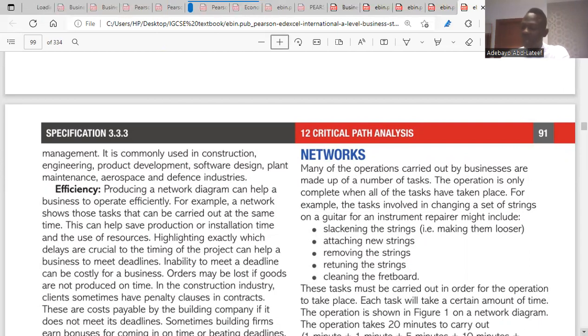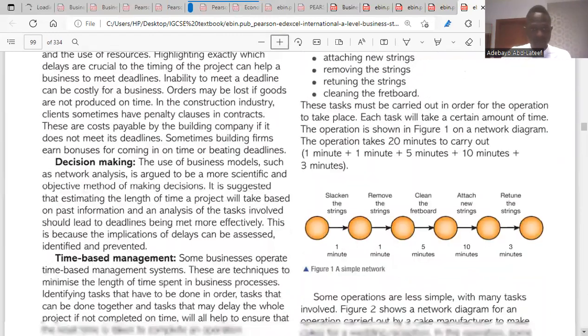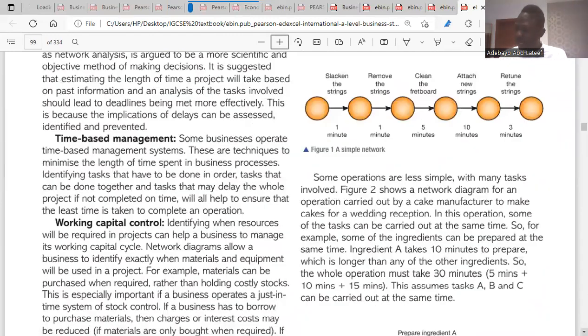Yeah. The third one, working capital control. Here I wrote, identifying when resources will be required in projects can help a business to manage its working capital cycle.